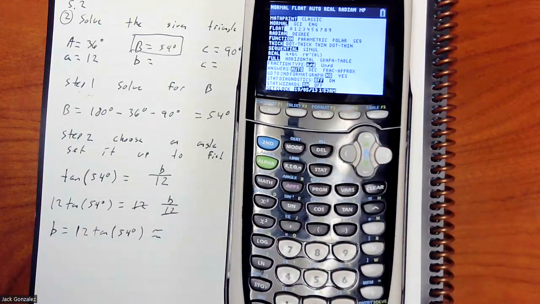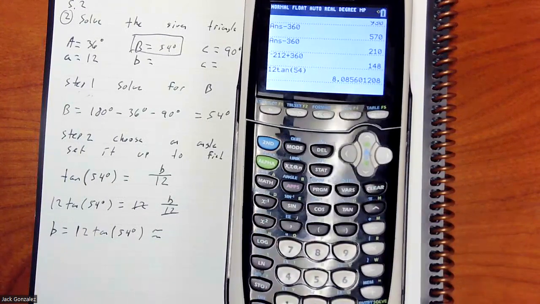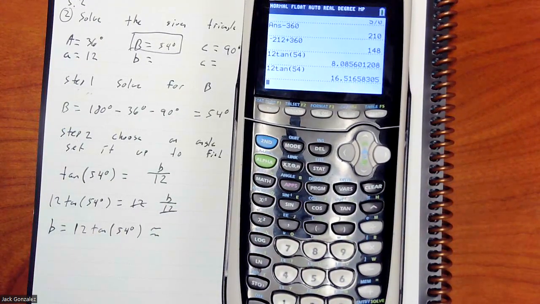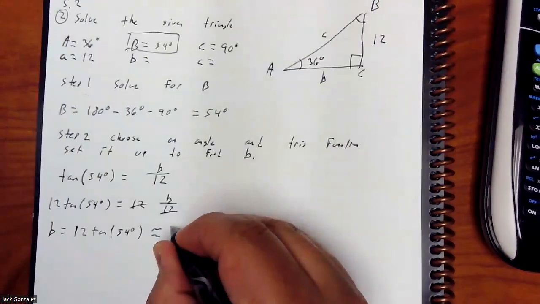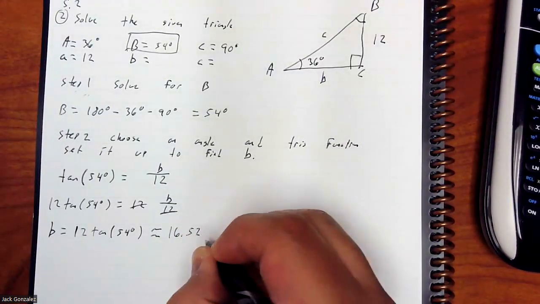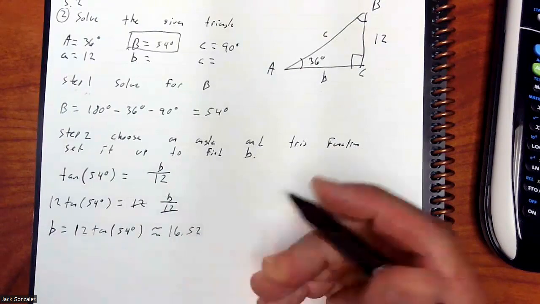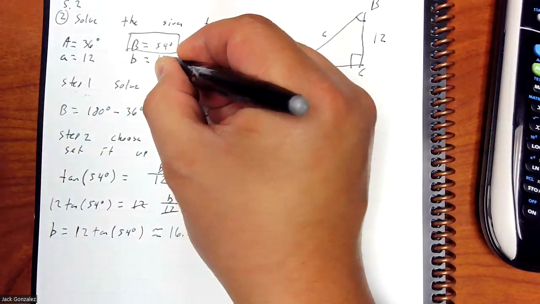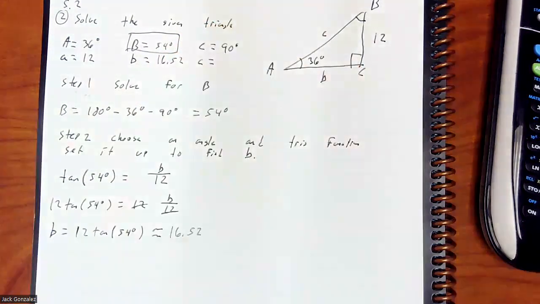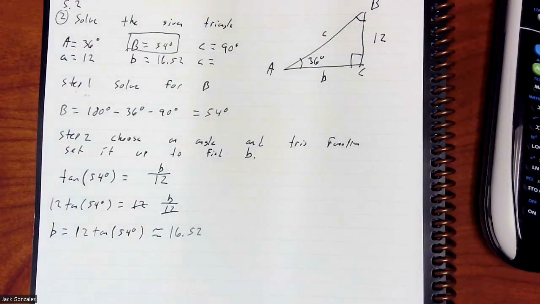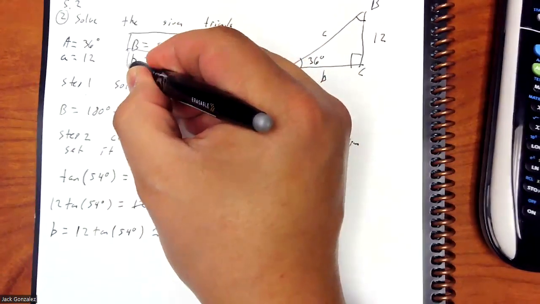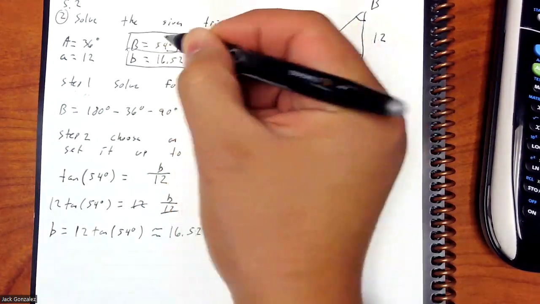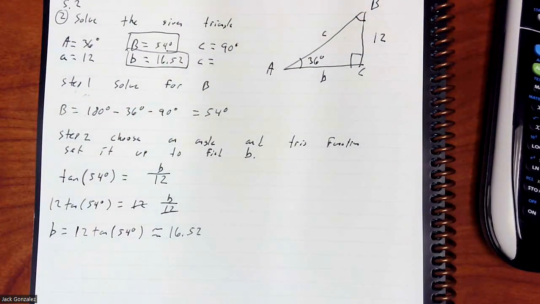Nope. 16.52. We're on the 2 decimal places because I don't know why. They didn't tell us. I'm choosing to. Okay. So we found little b. Any questions on that step 2?